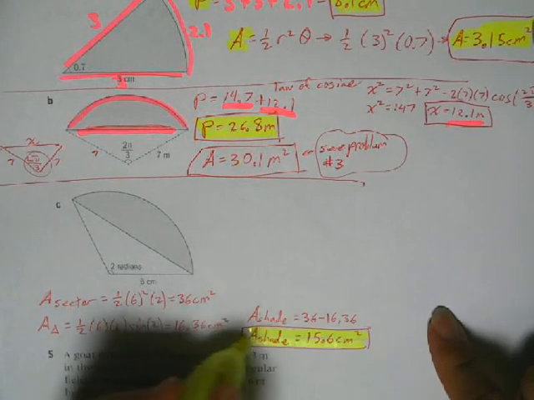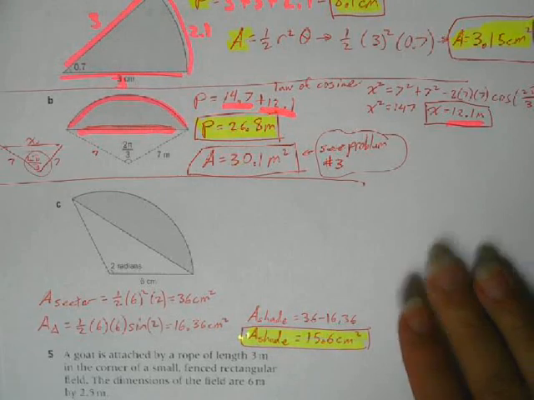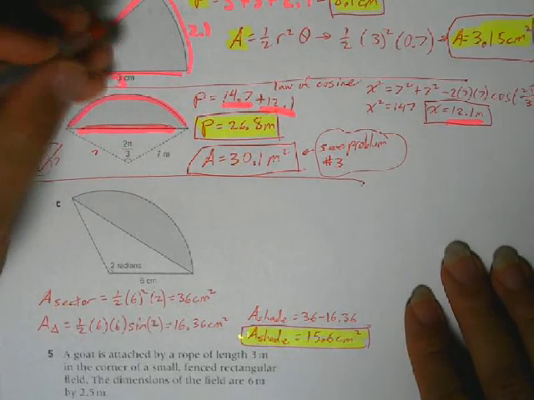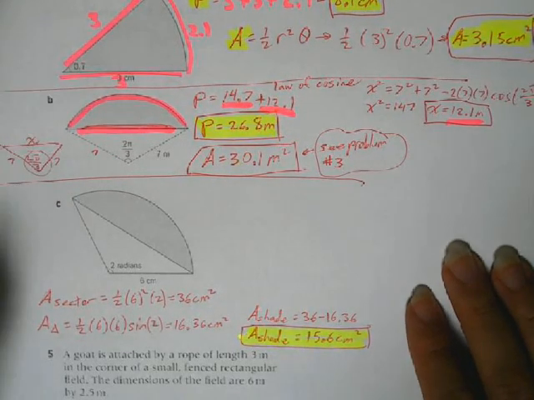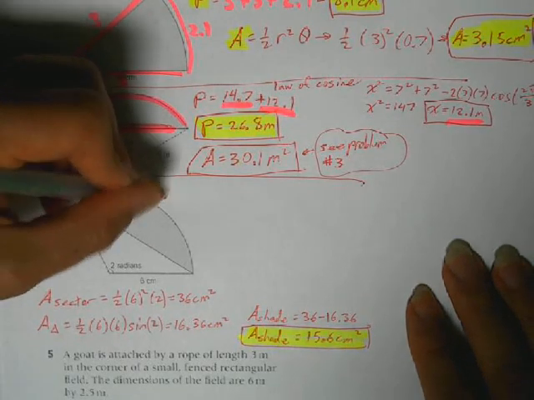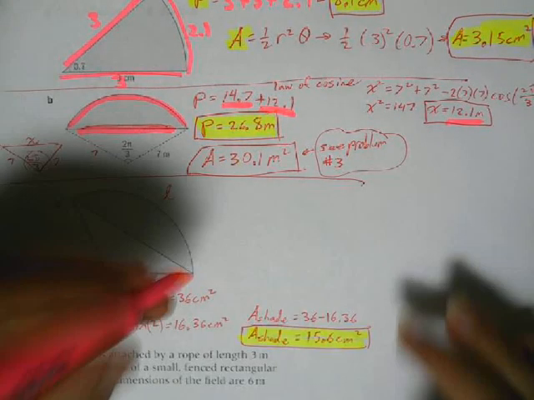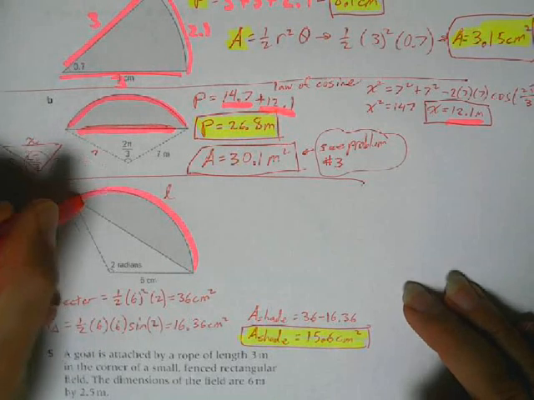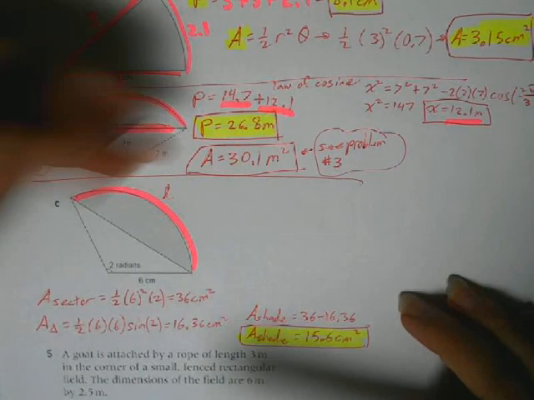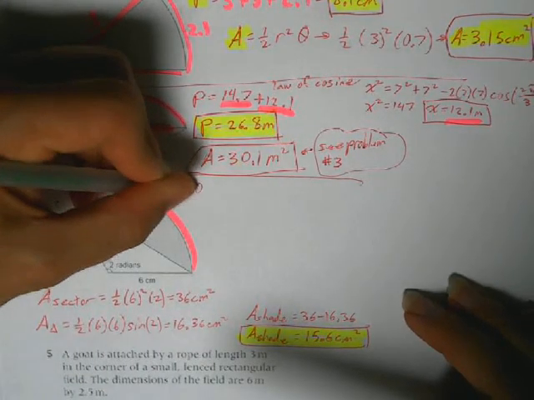Now let's find the perimeter. We know the arc length, which is easy to find. That's equal to the radius times the angle in radians.